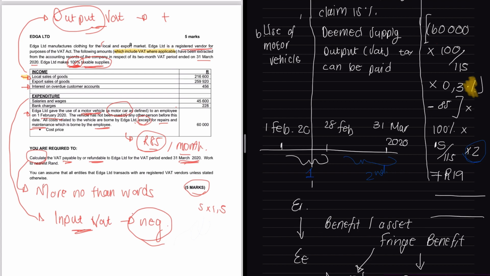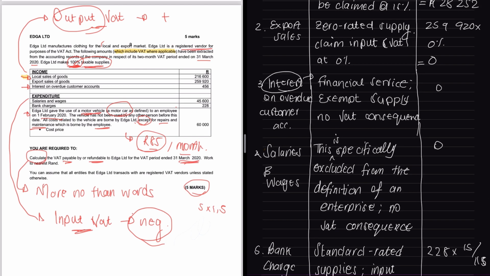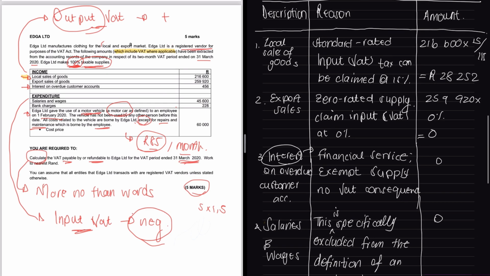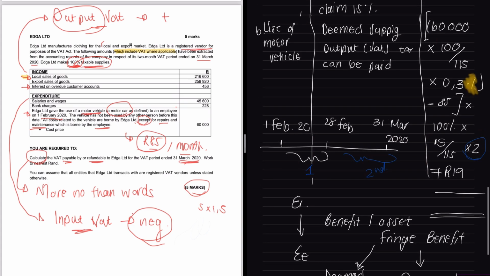We will then add up everything we've worked out so far, because the question asks, what is the VAT payable or refundable? So we need to find the total of these figures. We have 28,252 plus 0, 0, 0 as well. We have negative 30, so minus 30.